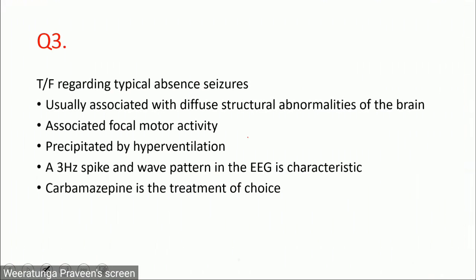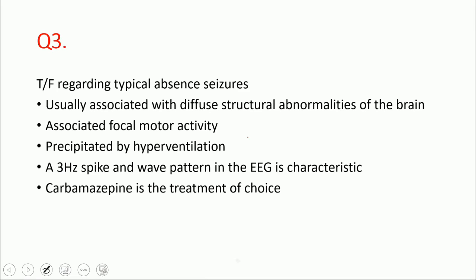A very specific seizure type is absence seizures, the typical variety. Commonly in children you see this disorder. They suddenly go blank for a few minutes and then come back to normal. There is no motor activity.